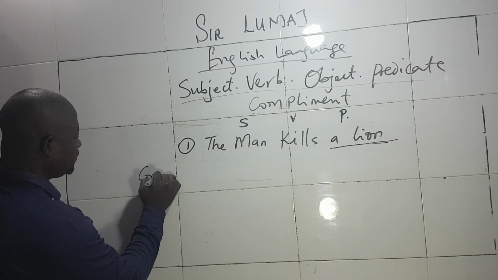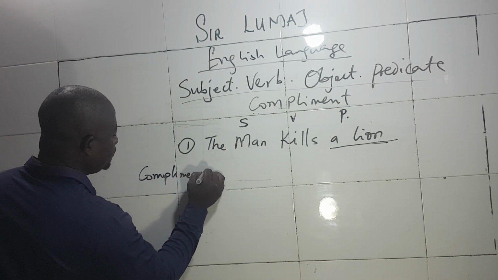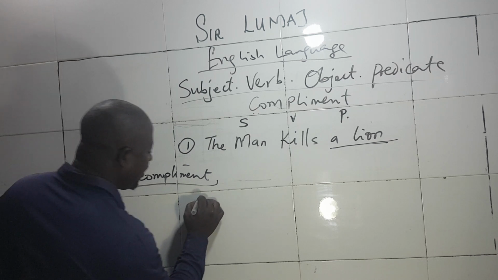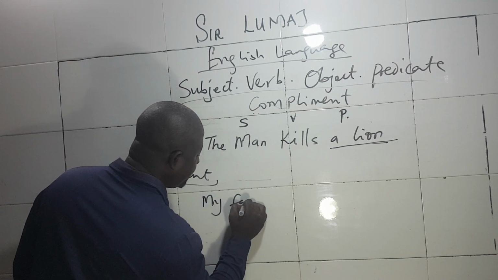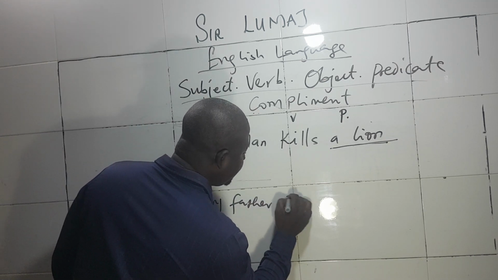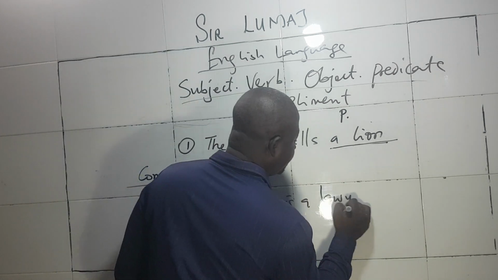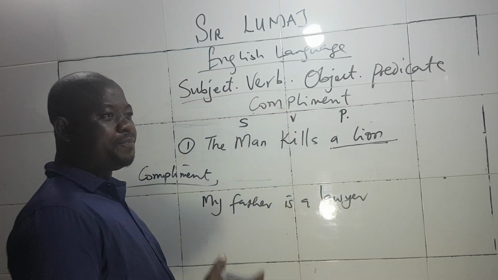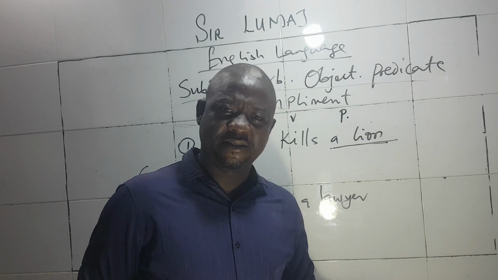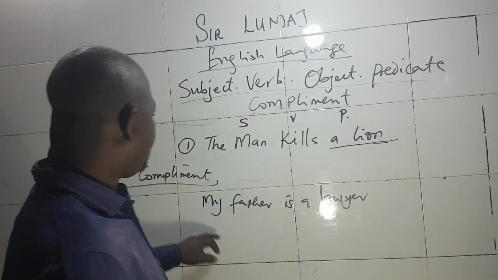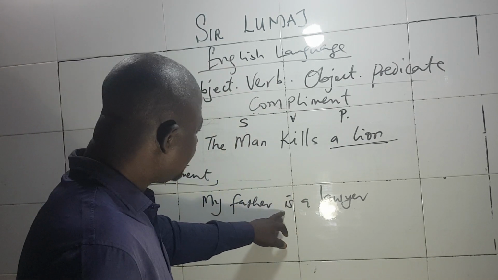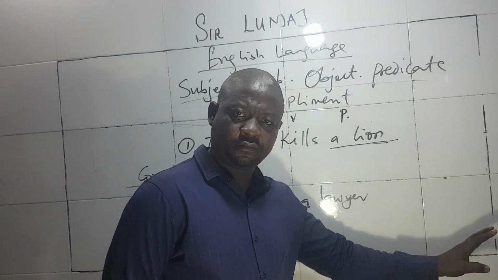That's a complement. I put it, my father is a lawyer. So like I said, I will just be using examples for you to understand. I'm a very practical person. So my father is a lawyer.